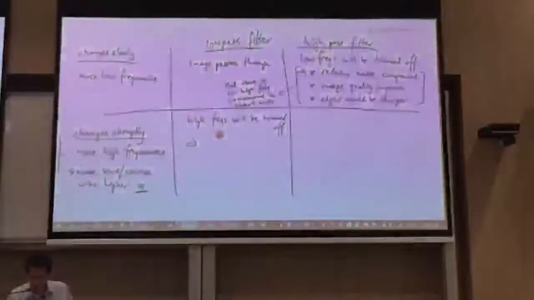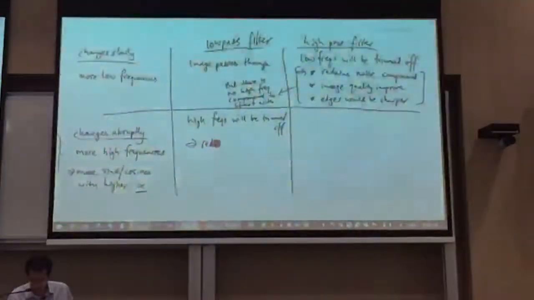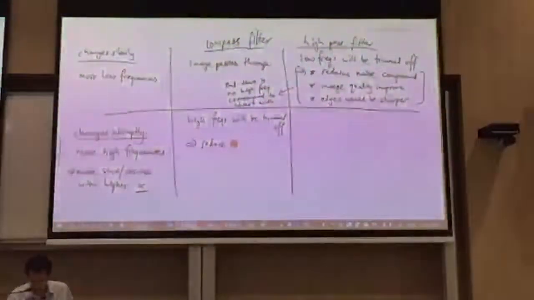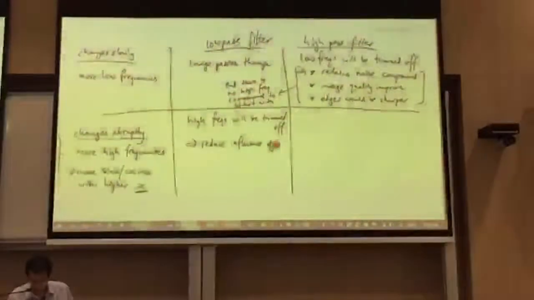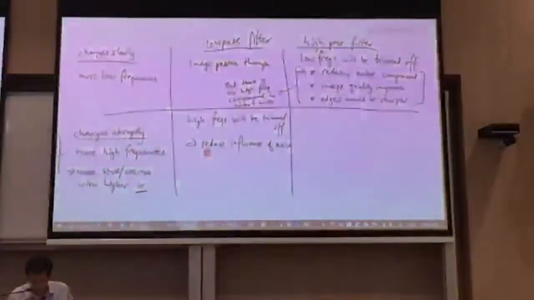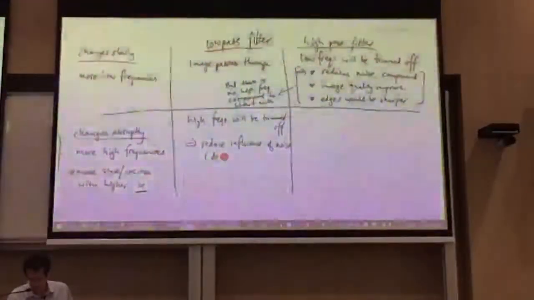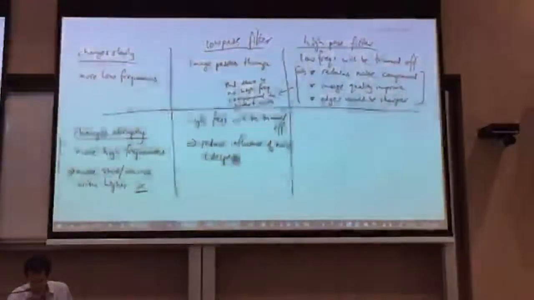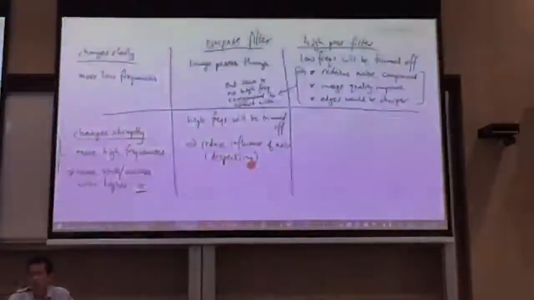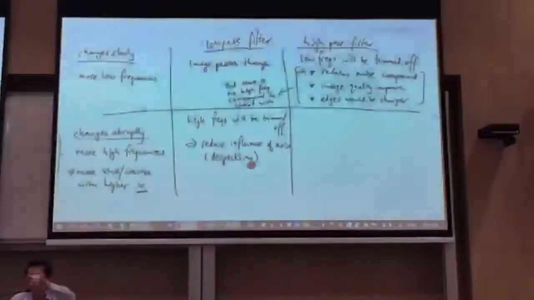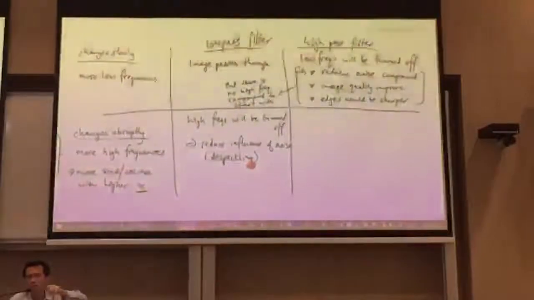And what it means is that you remove the influence of noise. In some commercial products, we call it recycling. Because you remove these dots of noise that are present inside the image.